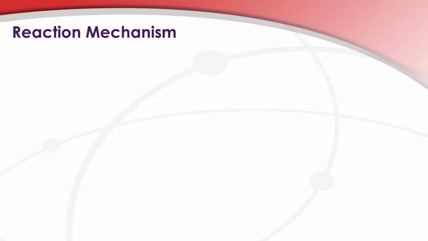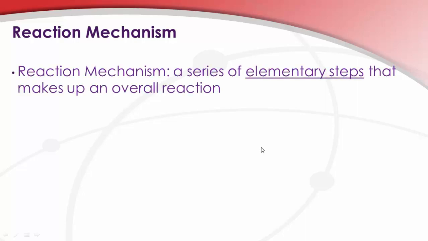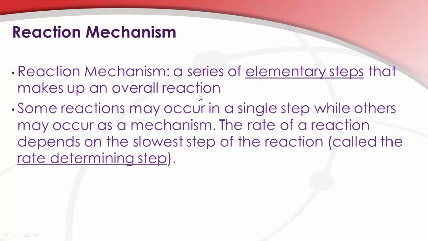Only in organic did we a couple of times start to talk about what occurs when we have that arrow that says a reaction occurs. In fact, there can be much more complicated things going on than simply one molecule transitions into another. Reaction mechanisms can be a series of elementary steps that combine to make our overall balanced reaction.